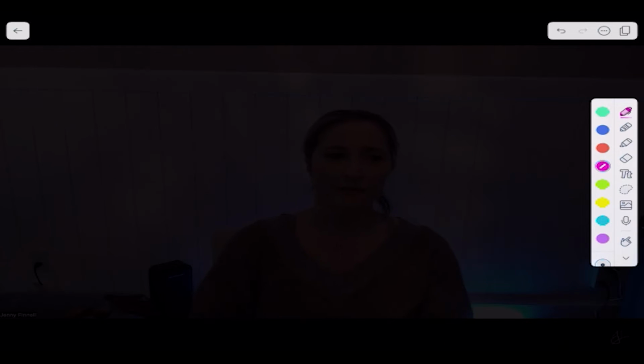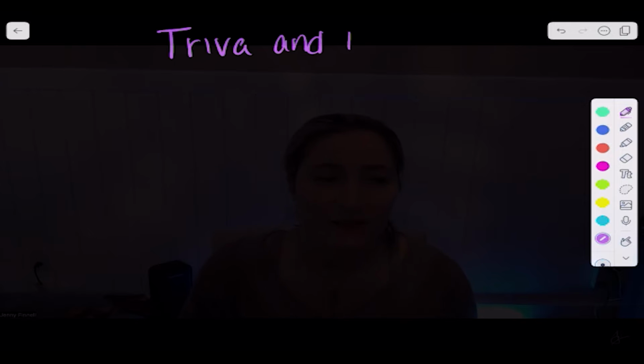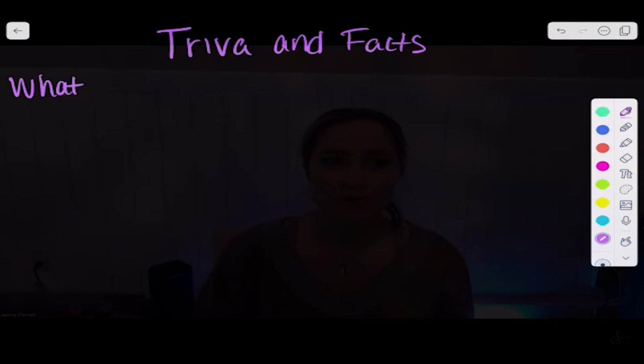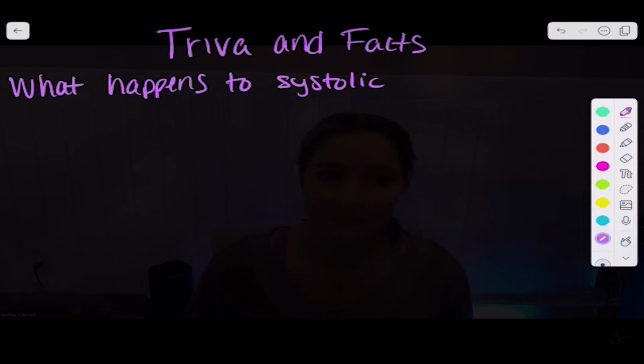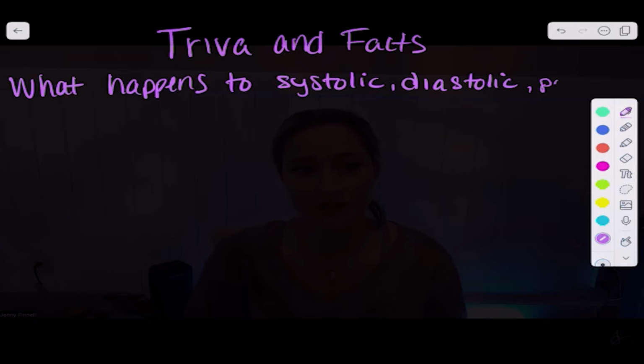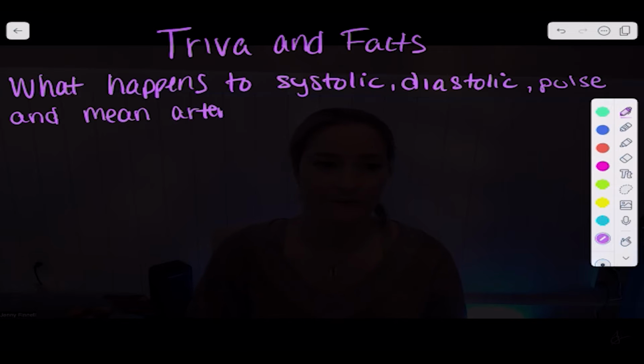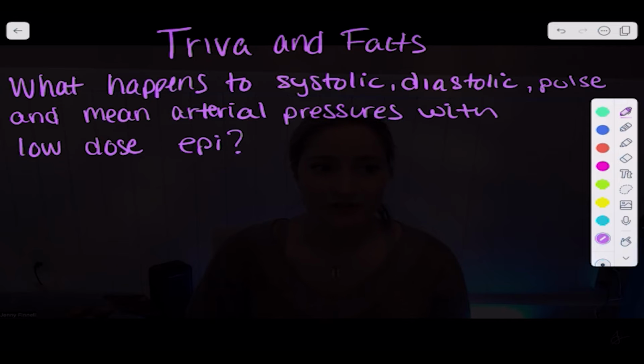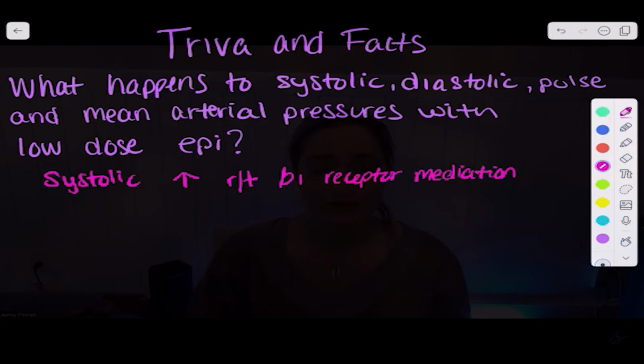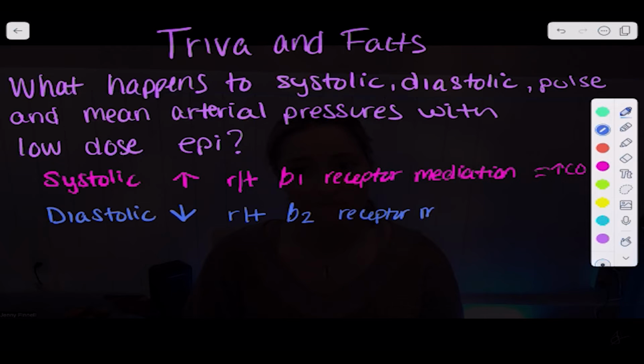All right, now for some fun trivia and facts. What happens to systolic, diastolic, pulse, and mean arterial pressures with low-dose epinephrine? For your systolic blood pressure, you will have increases due to beta-1 receptor-mediated increase in cardiac output. For your diastolic pressure, you will have a decrease due to beta-2 receptor-mediated vasodilatation.